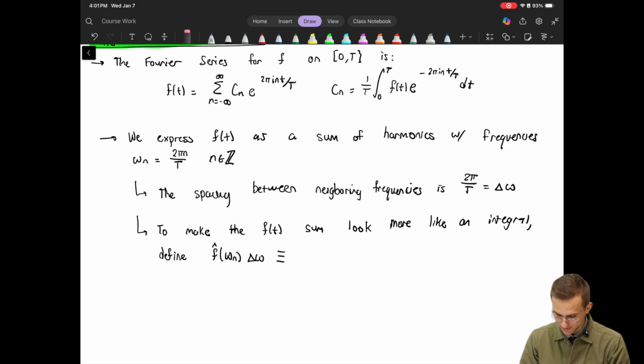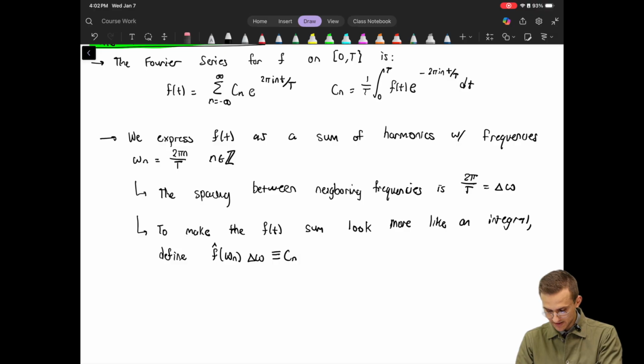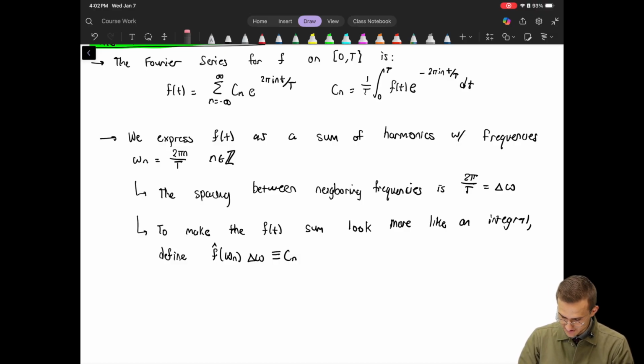So we're going to rewrite cn in that way. If we multiply the formula for cn by t and divide by 2 pi, then we will get this new thing that we're defining, which is f hat of omega n. And like I said, we're just doing this to make the sum look more like an integral.